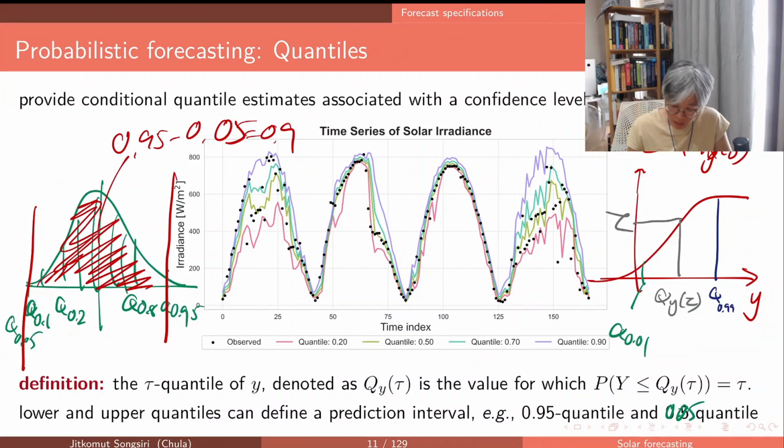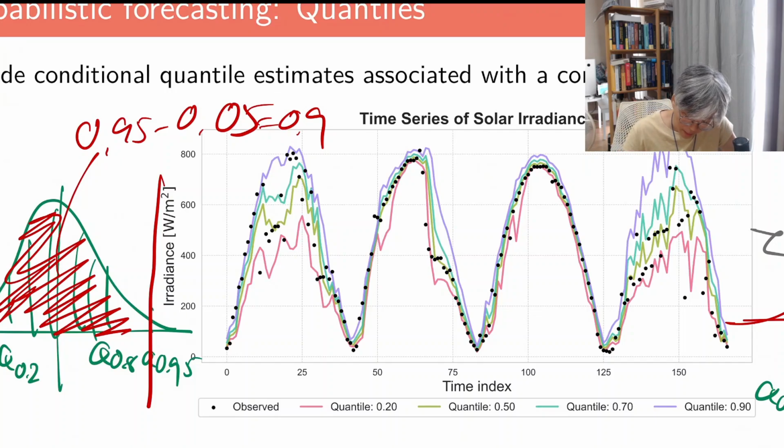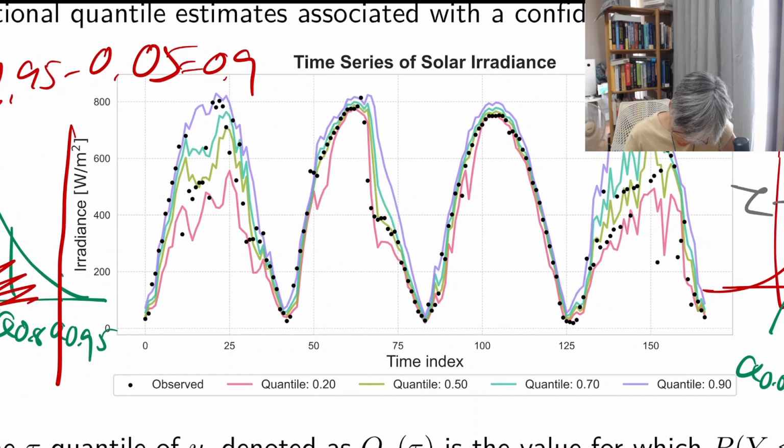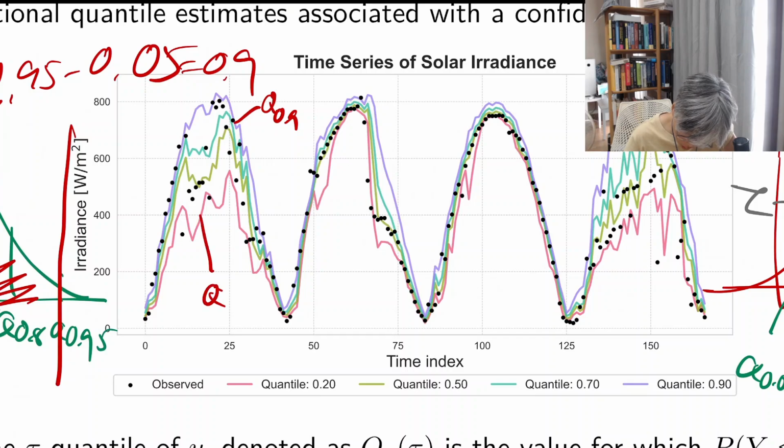So if I extract the values of quantile, let's say, in this graph, sorry, in this graph it doesn't give an example of quantile 0.95. It gives you different quantiles, or let's say this is quantile 0.9, and in the graph, this is quantile 0.2.